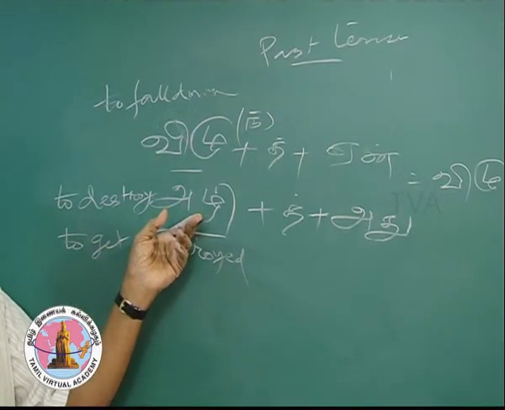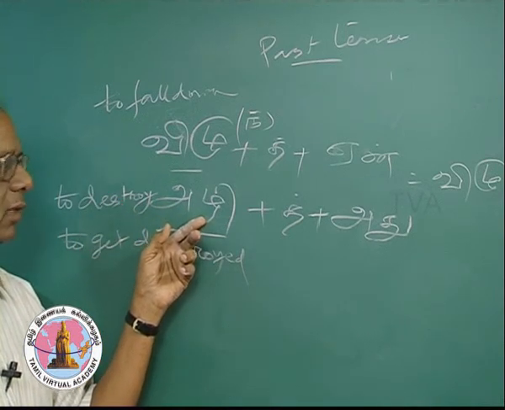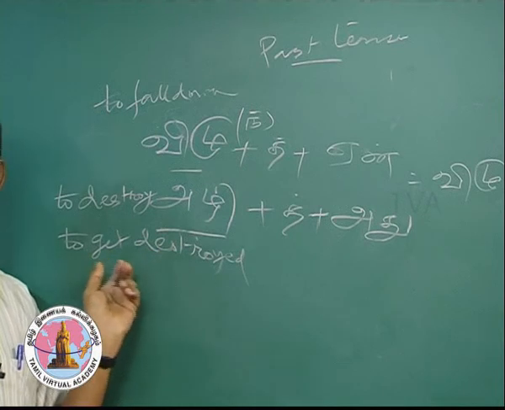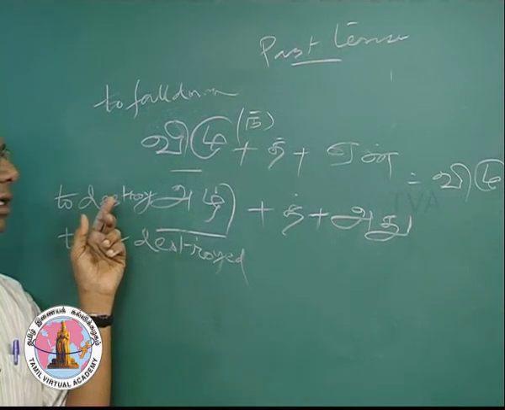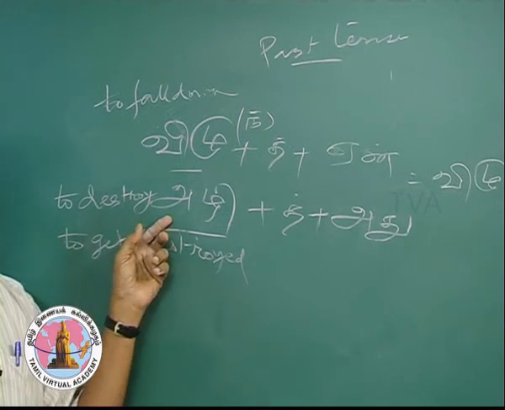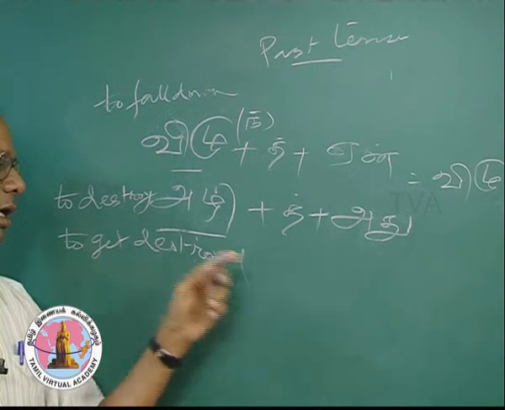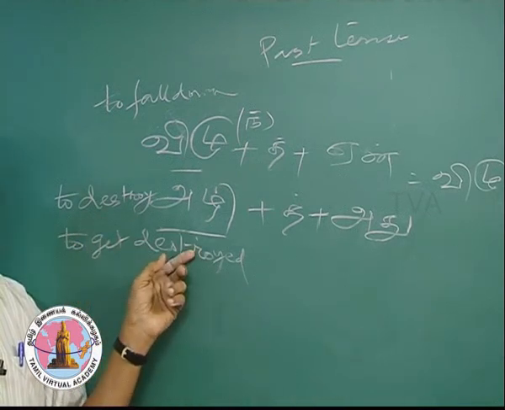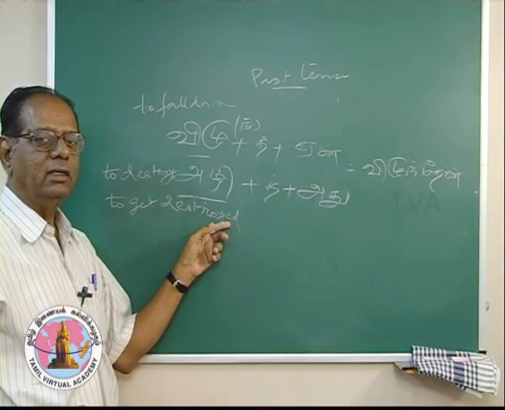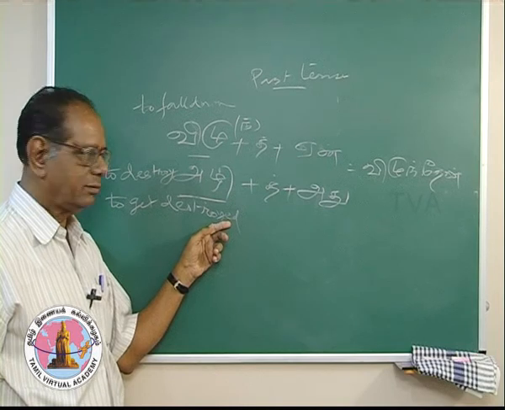Ali to destroy, Ali to get destroyed. When I mean to destroy, there is an object. When I mean to get destroyed, it is self-made and there is no object.